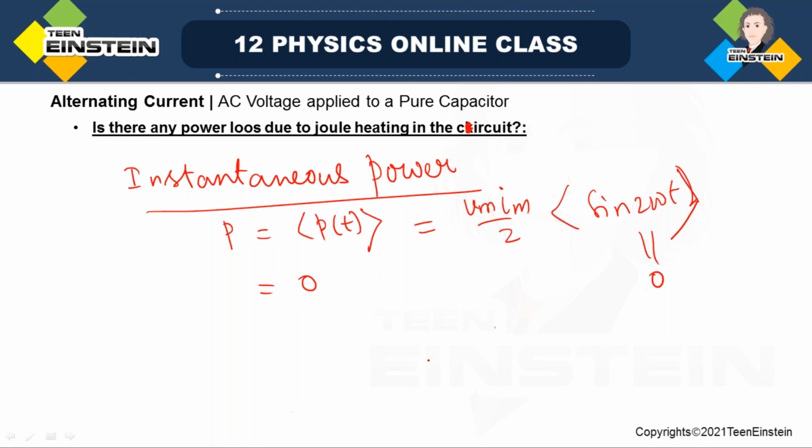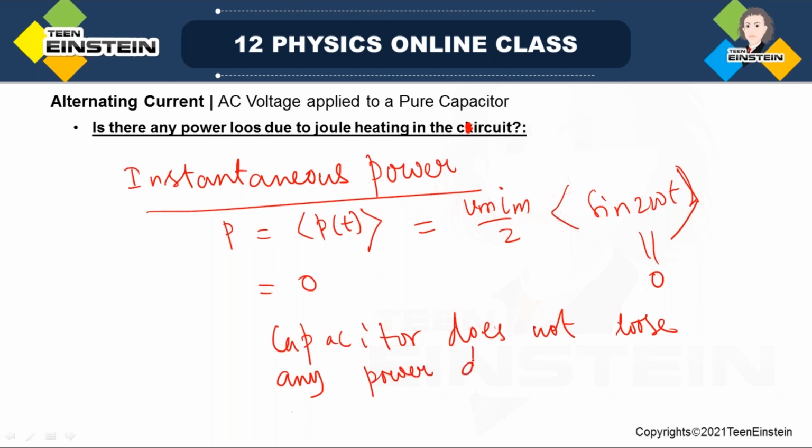That means the capacitor does not lose any power due to heat, due to joule heating. And the current flowing in this kind of circuit is called wattless current.